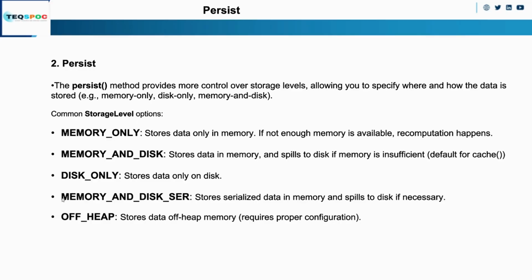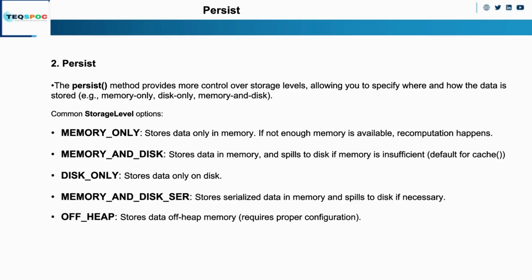The fourth one is memory and disk SER. SER means serialized. So this will store serialized data in memory and spill to disk if necessary. Serialization means, as I have already explained in one of the earlier sessions, that data will be converted into a binary format and then it will be stored.